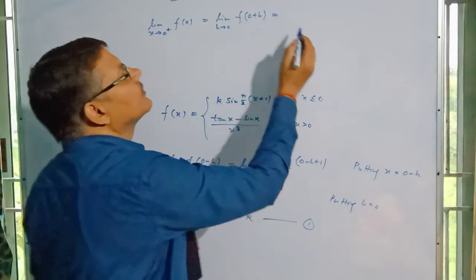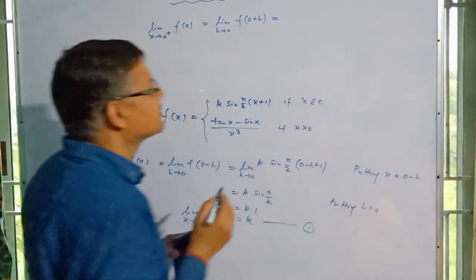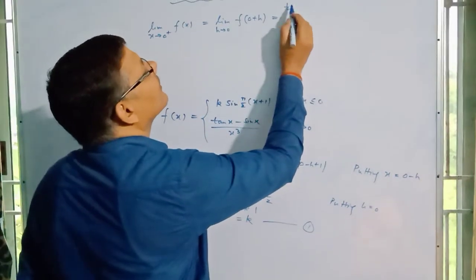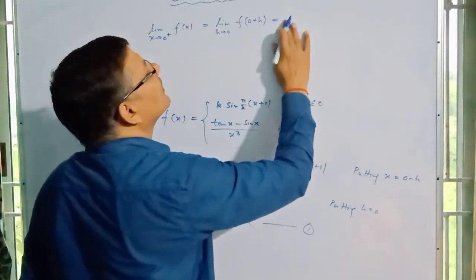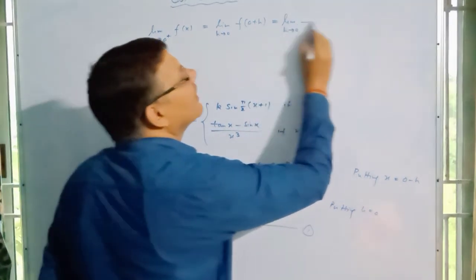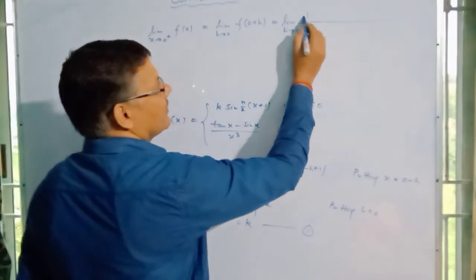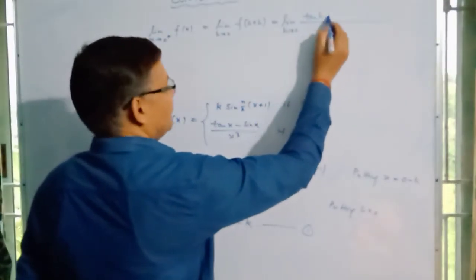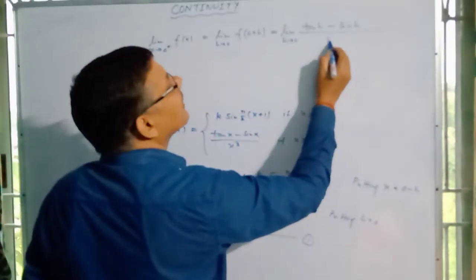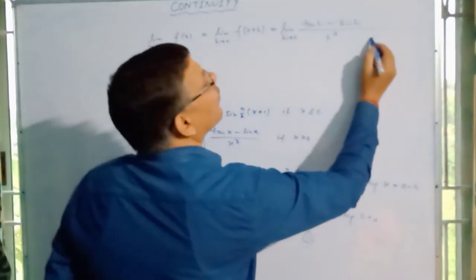Putting x equal to 0 plus h, we get limit h tends to 0 of (tan h minus sine h) divided by h cube.